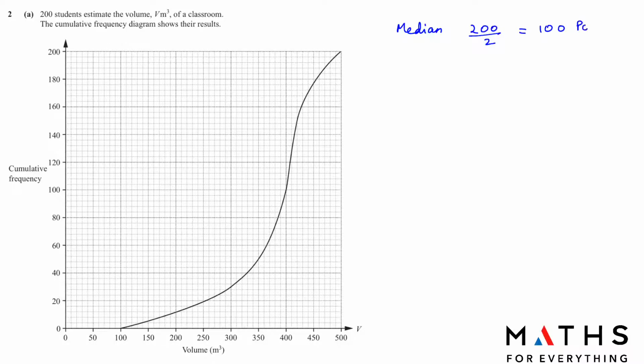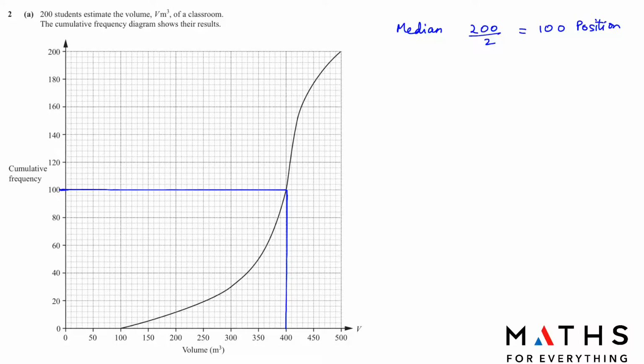This gives you the position on the cumulative frequency axis, which is here. Now draw a line from the 100 and cut this graph, and then go down to the x-axis. You can see the answer is 100.